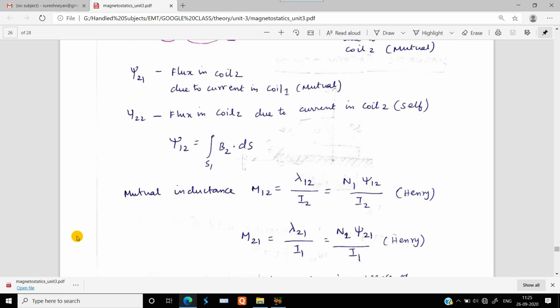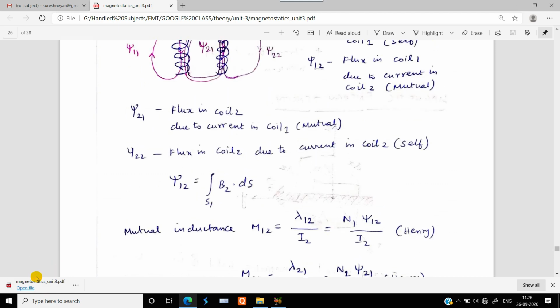Since we have discussed those flux linkages, we can represent the mutual flux linkage lambda 12 as the flux linkage in coil number 1 due to the current in coil number 2.